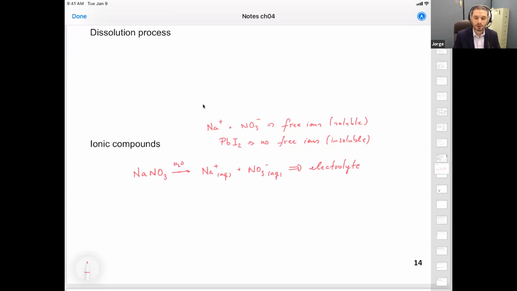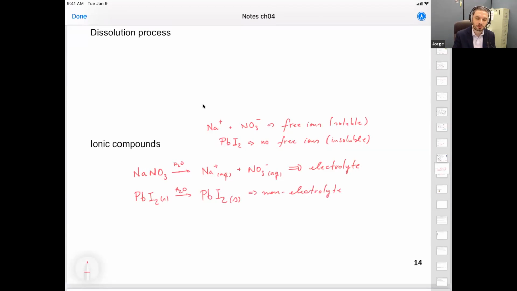To form an electrolyte, we have to split the salt and form the free ions. And as I told you before, lead iodide, that is a solid, and in water, it remains a solid. So see here that the ions are not free, they are bonded to each other. And in this case, we have a non-electrolyte.